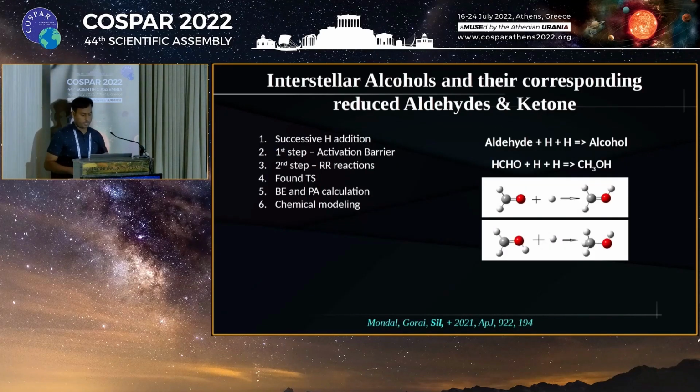And also we studied interstellar alcohols and their corresponding reduced aldehydes and alcohols, and we did successive hydrogen addition with transition states. In the first step we got the activation barrier, and for the second step, the radical reaction, we found the transition state, and we calculated binding energy and proton affinity, and implemented our results in our chemical modeling.